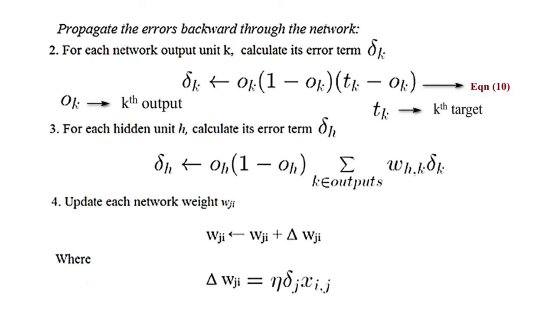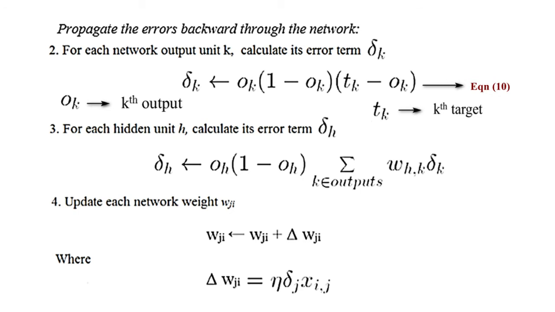Delta h is equal to output at hidden neuron multiplied by 1 minus output at hidden neuron multiplied by summation of k belonging to all the outputs, that is, for each output belonging to output space, of w_hk into delta k.